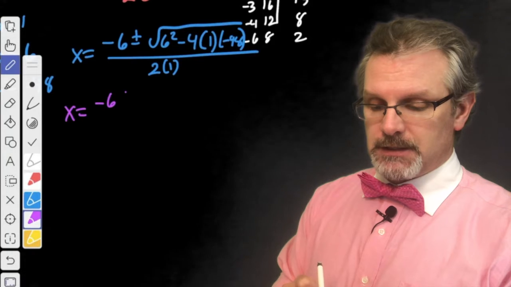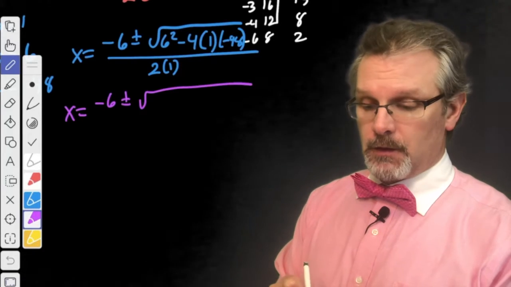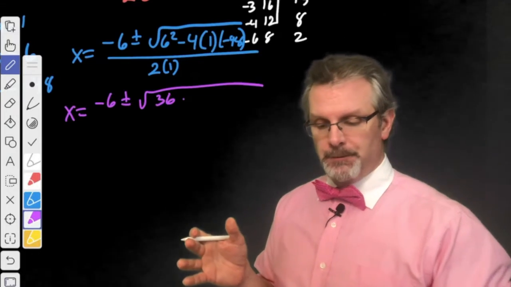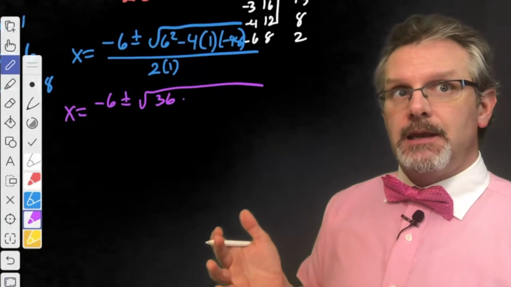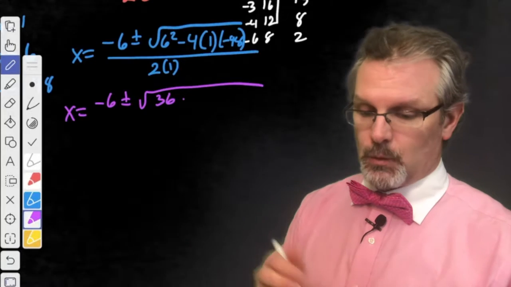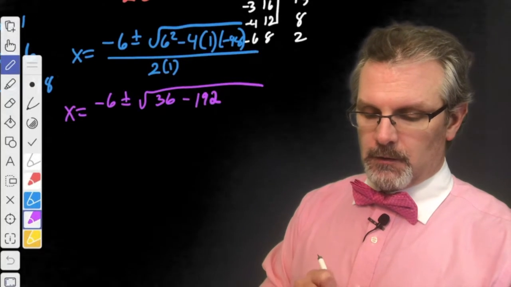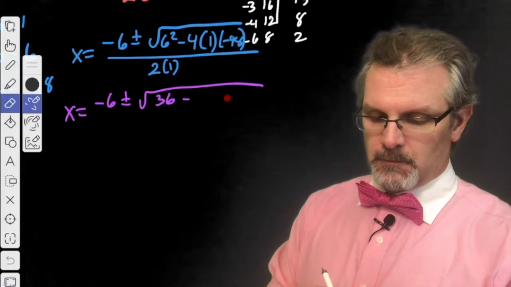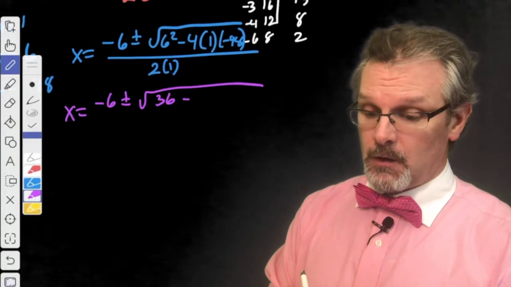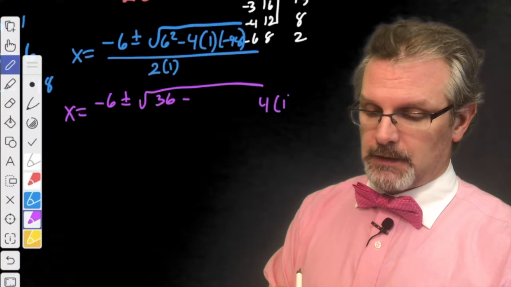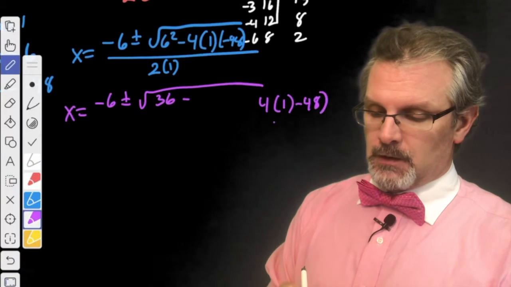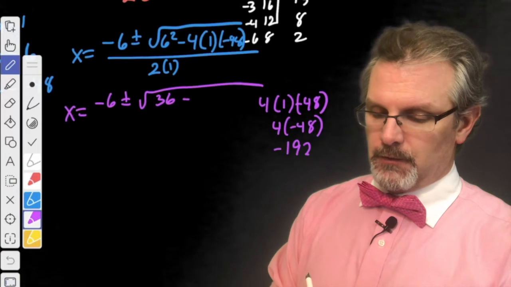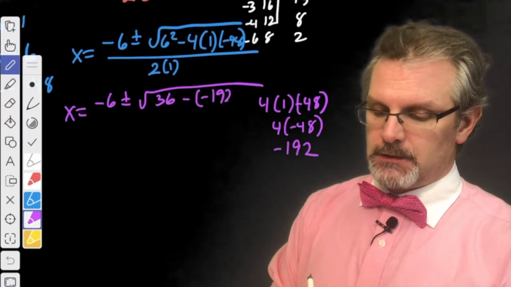x equals negative 6 plus or minus the square root of 36 minus 4 times 1 is 4, and 4 times 48 is 192. Whoa, that's not right. This is why I should write things down. 4 times 1 times negative 48 is negative 192.